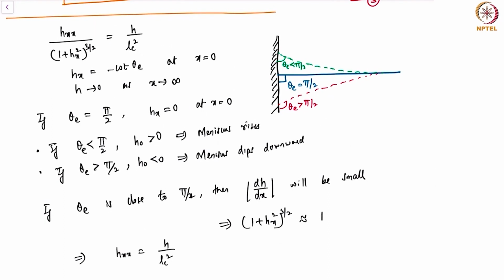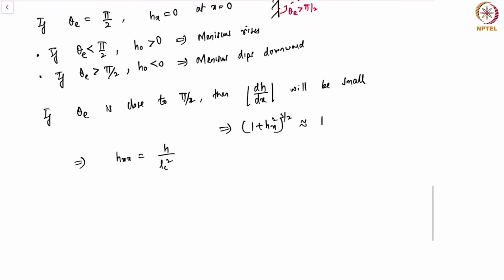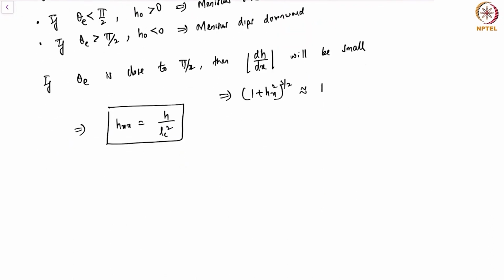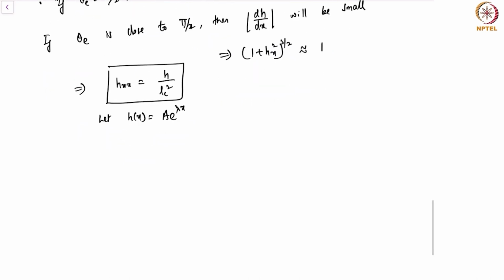Now let's examine this equation. It's still a second order equation with two boundary conditions. To integrate this, I can say h of x is some a e power lambda x. If I substitute it, hxx becomes a lambda square e power lambda x, which equals 1 by LC square times a e power lambda x.